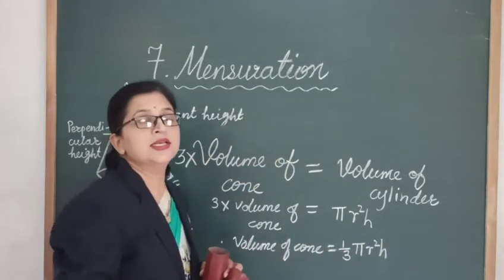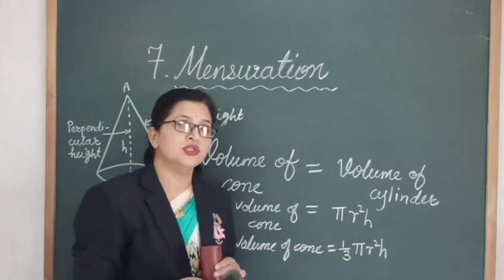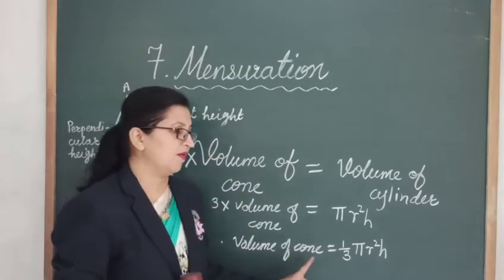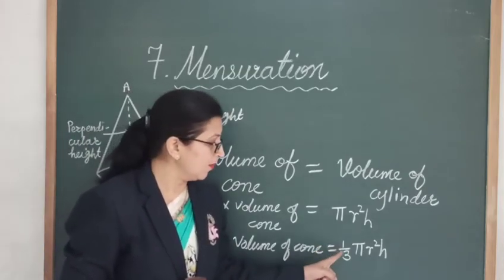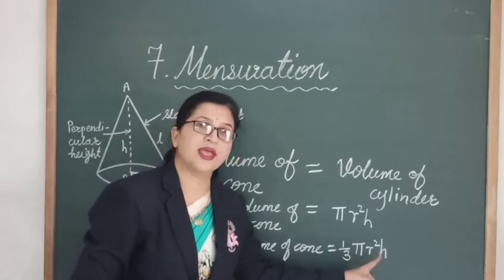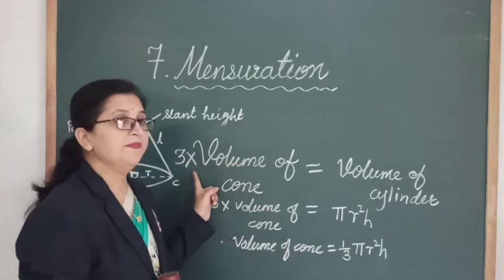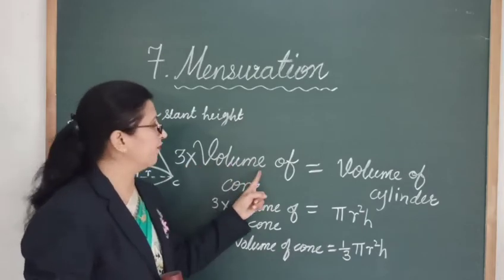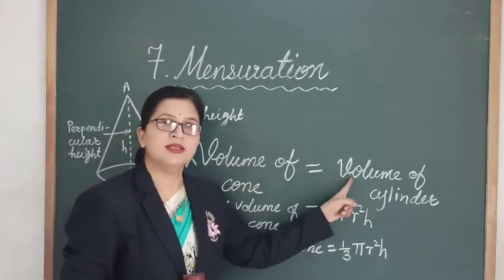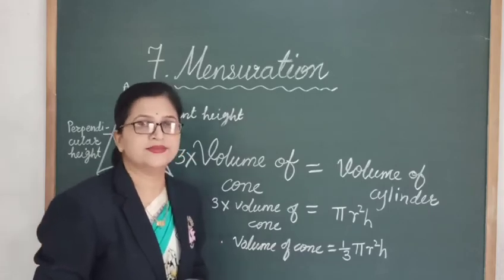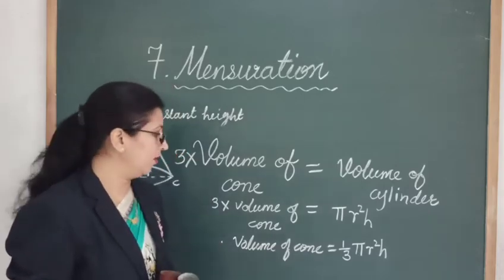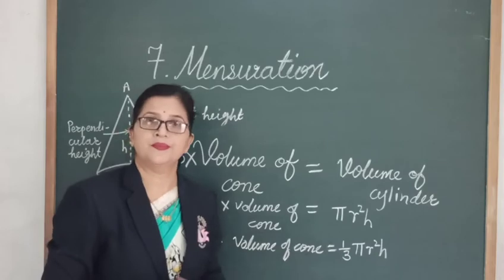So dear students, this is the formula to find out the volume of a cone, that is 1/3 pi r square h. Let's prove this relation, that 3 times volume of cone is equal to volume of cylinder, through this activity. I hope the formula is clear to you.